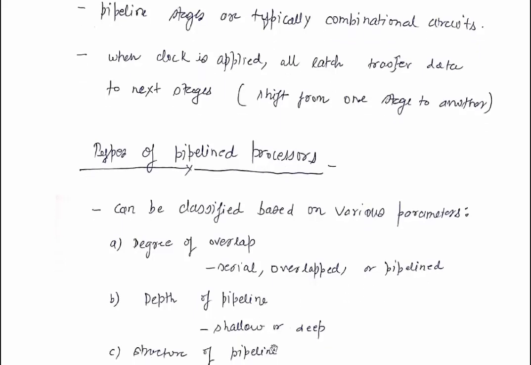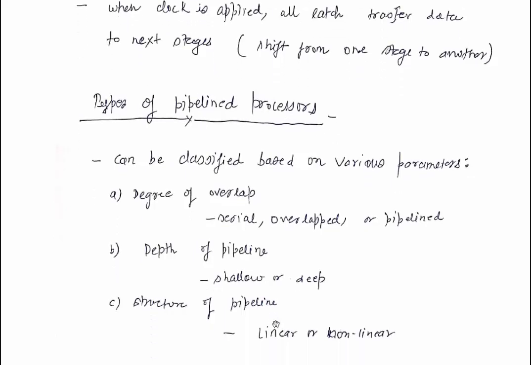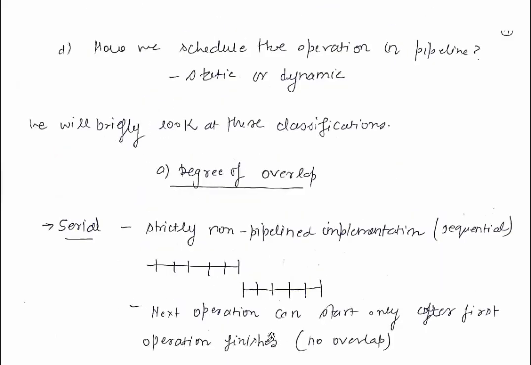Second classification is depth of pipeline. The depth may be shallow or deep. The next one is structure of pipelining, it can be linear or non-linear. And the last is how we schedule the operations in the pipeline, it can be static or dynamic. So there are 4 classifications.